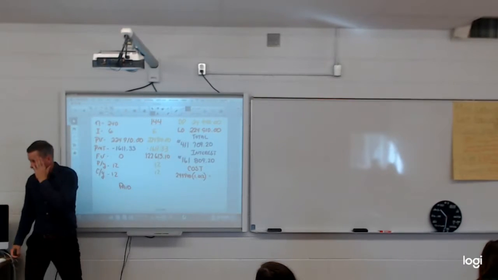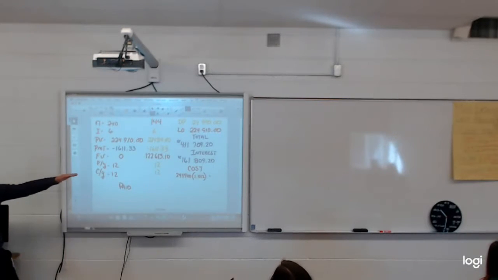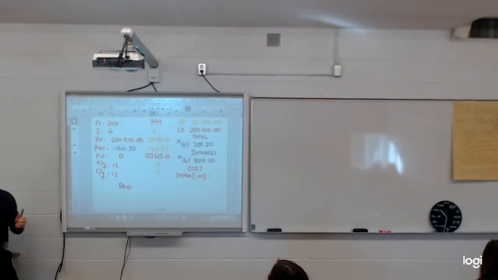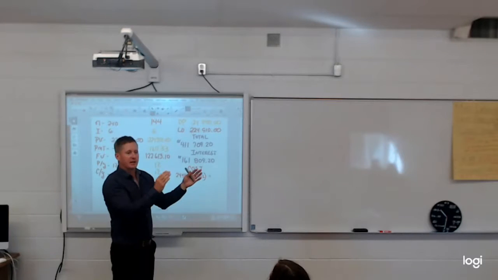So just think about this for a second. She borrowed $224,000, and in 12 years it took her to pay it down to a half. For the last 8 years, she's going to pay the other half. So you see how the interest works? Early on, there's a lot more interest that comes off your mortgage.